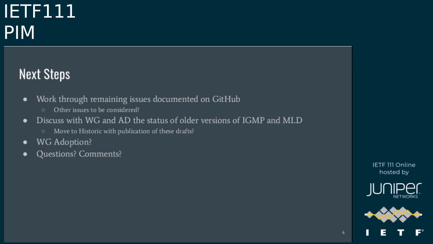Are they just simply going to be obsoleted by this new draft, or are we actually going to move them to historic? And there's all sorts of administrative things that go along with that. I don't see any reason why we can't add the lightweight RFCs to that list for consideration of how we want to handle them in relation to these new documents.